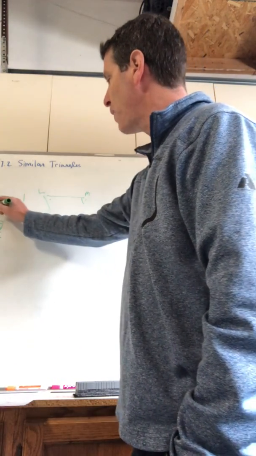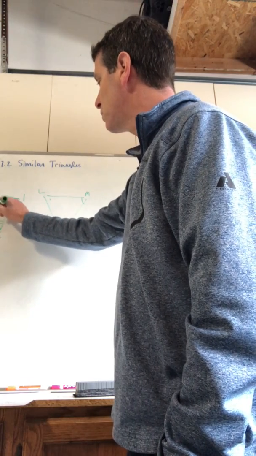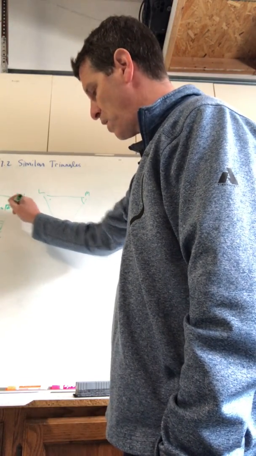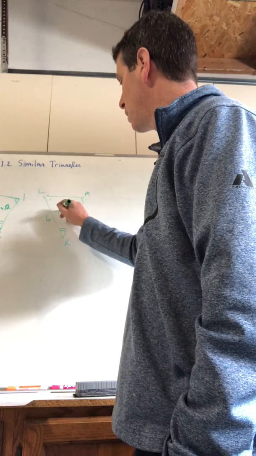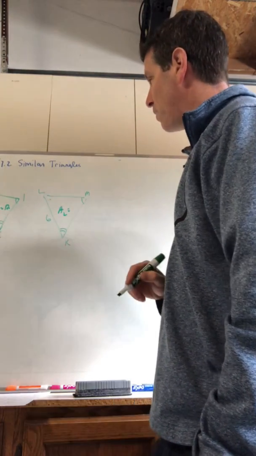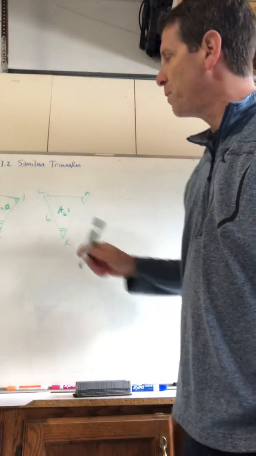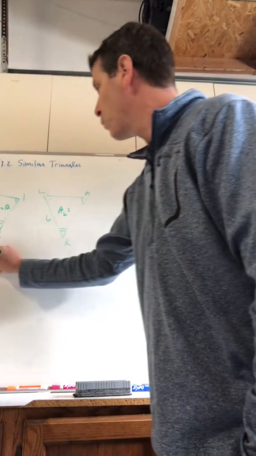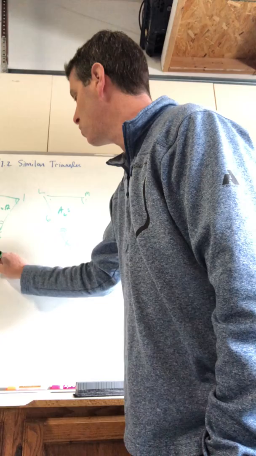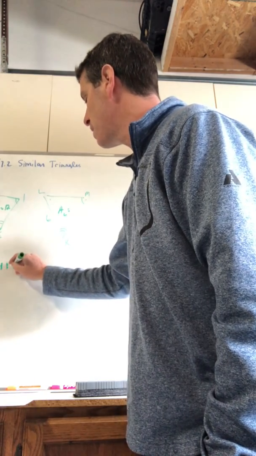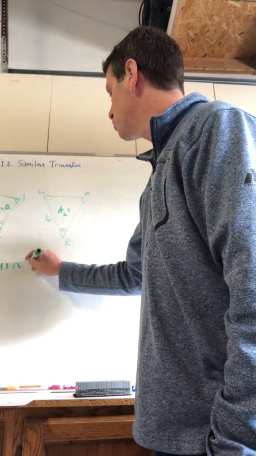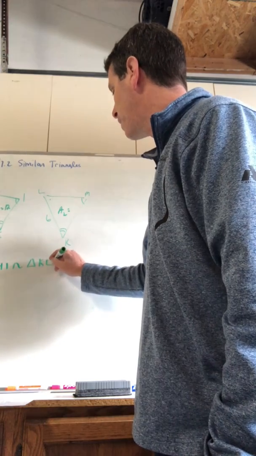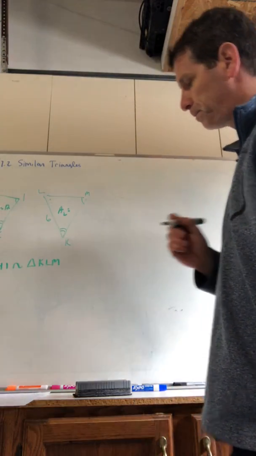I also know that the area of this triangle is 12 square units. I don't know the area of this one. First of all, because the angles all match up, we can say that triangle GHI is similar to triangle KLM.